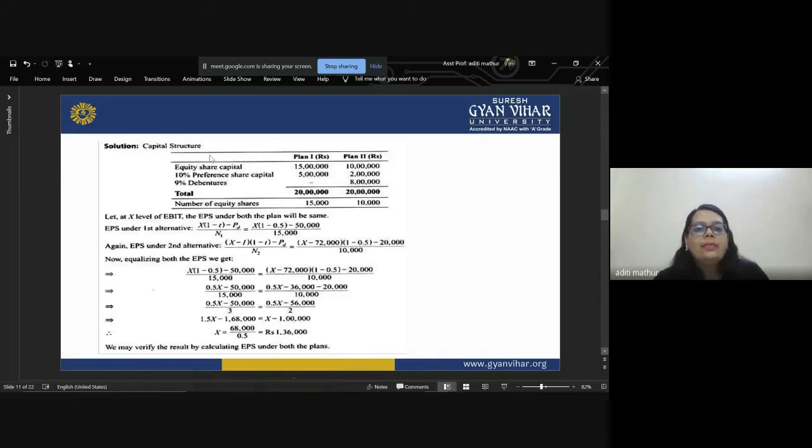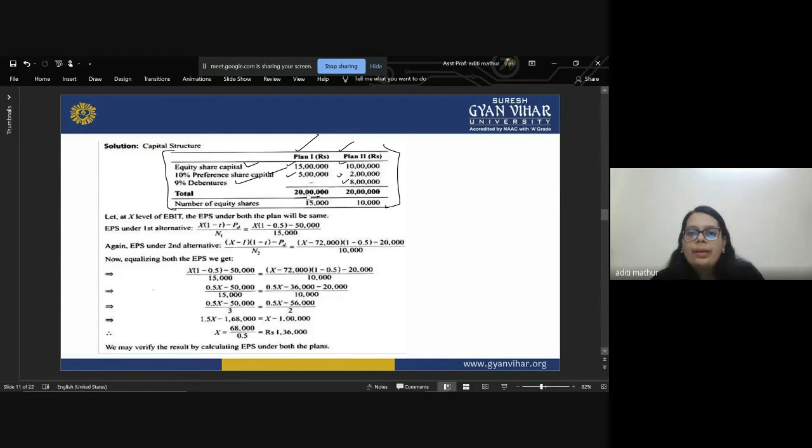So now let us first draw the capital structure so that it is easy for us to do the calculation. For plan A, we have 15 lakh equity share capital and 5 lakh 10% preference. For plan B, we have 10 lakh equity share capital, 2 lakh 10% preference share capital, and 8 lakh 9% debentures.